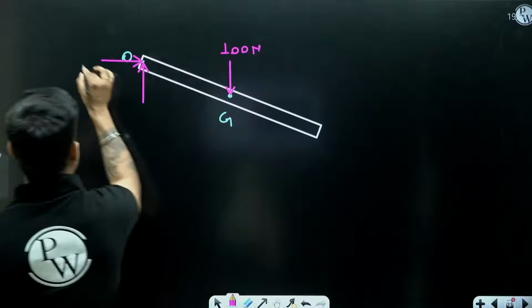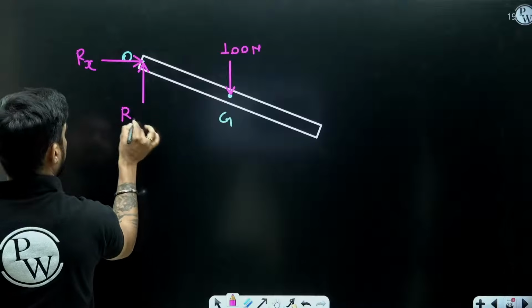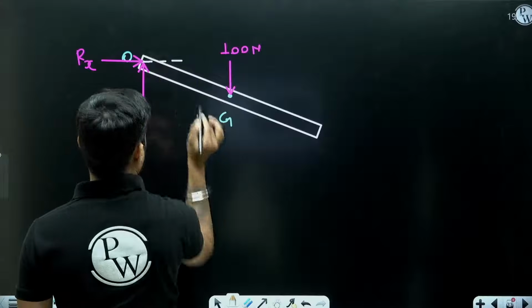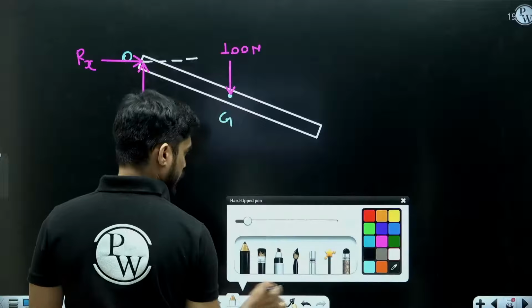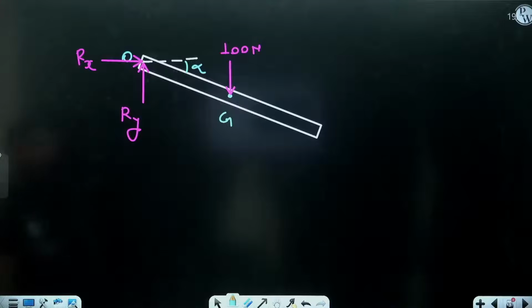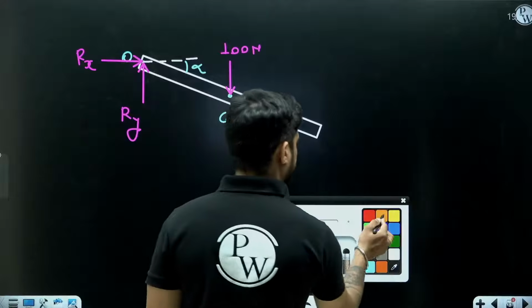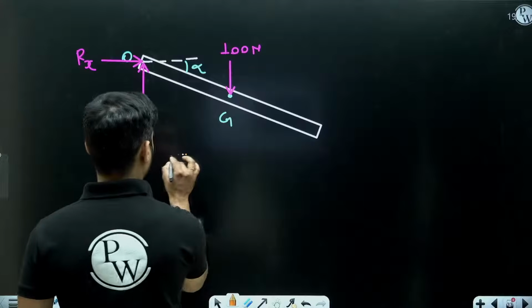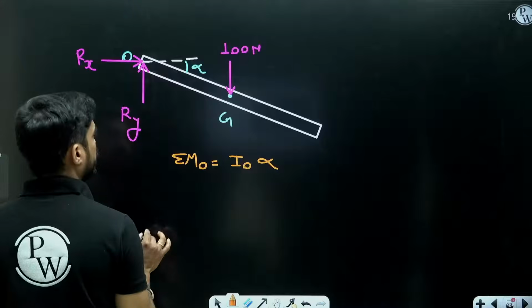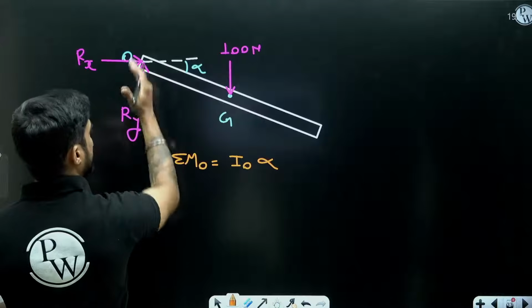Now this is a very, very interesting concept. If I take moment about point O, what will I get? Same thing. The moment of Rx and Ry will be gone.